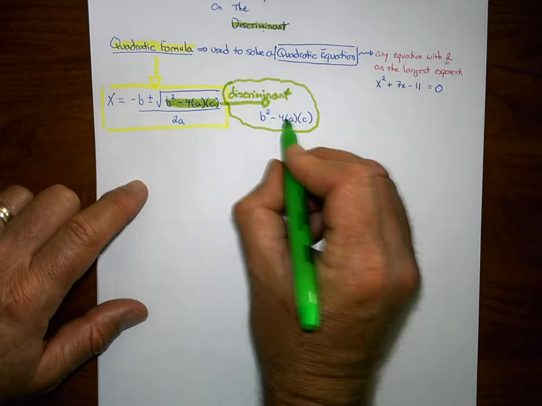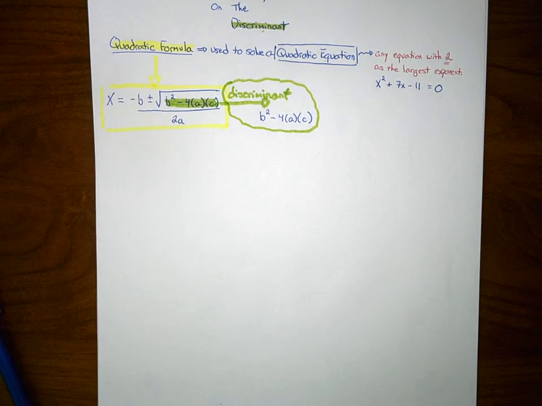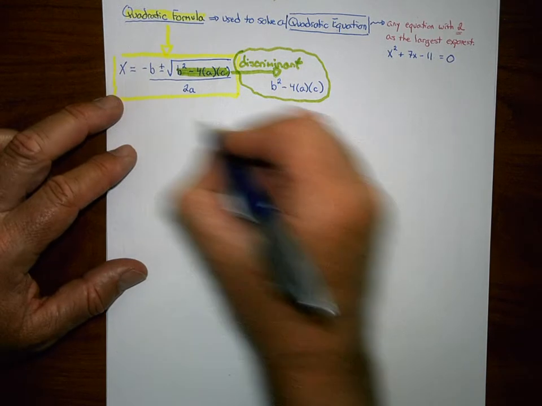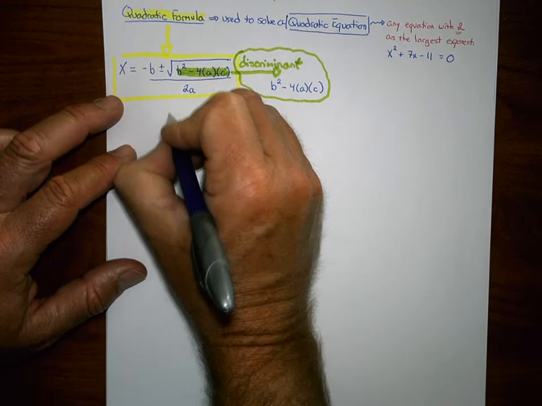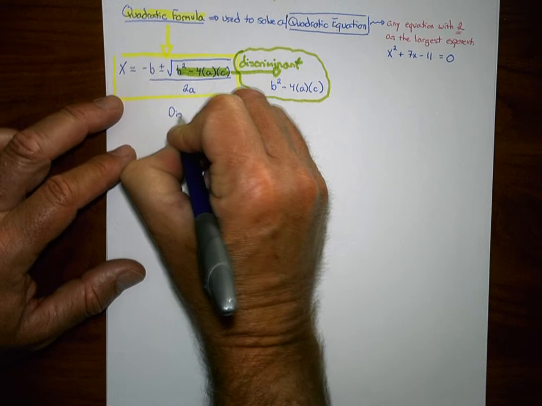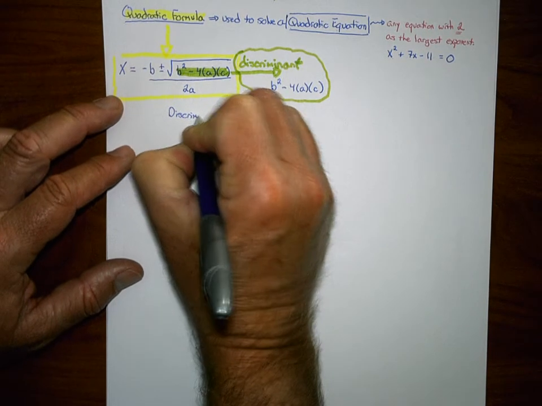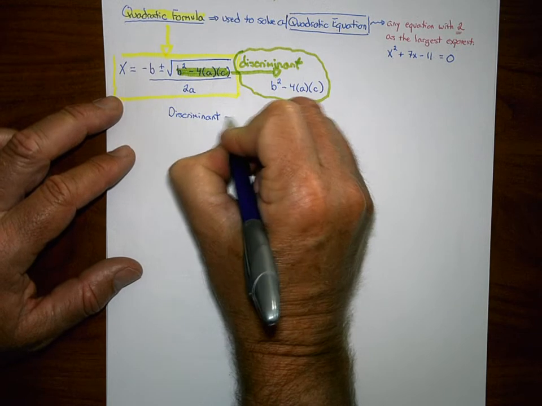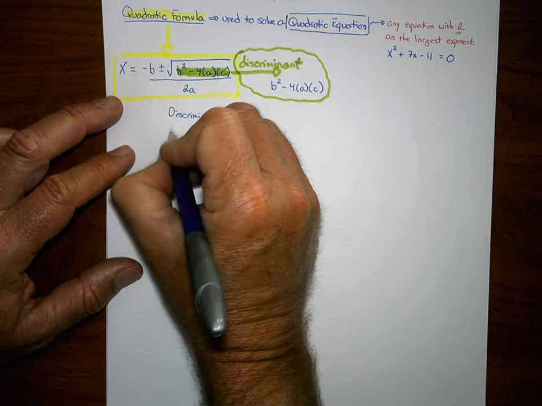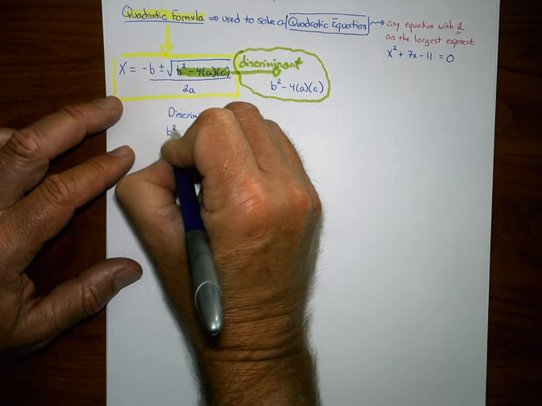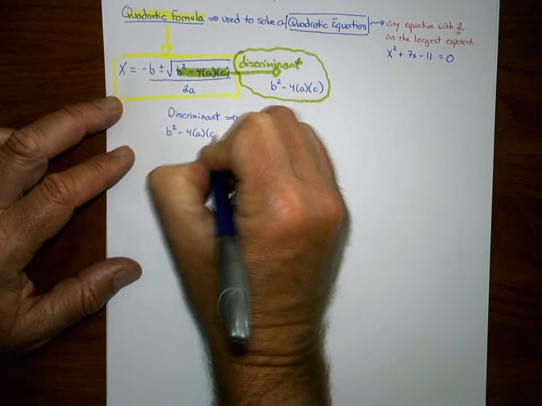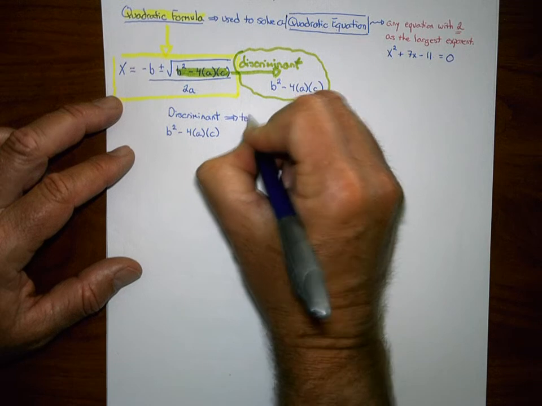So why are we focusing on this, you wonder? Well, here is why. The discriminant tells you something about the solutions.